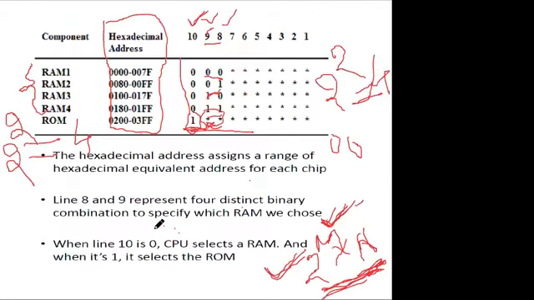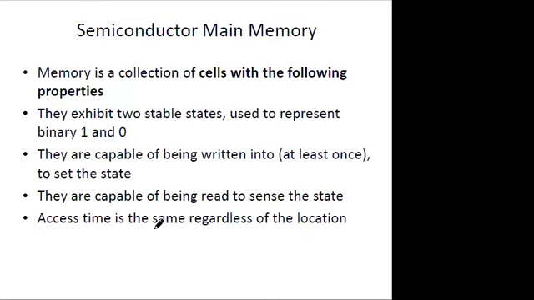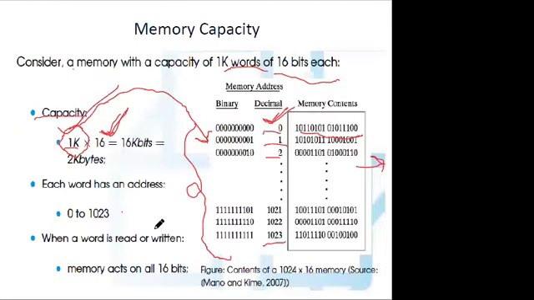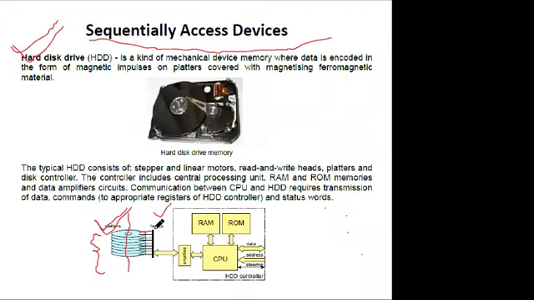And we saw how memory expansion is performed by using RAMs of low addressing capability, and how they are arranged in the circuit. Then we saw the basic working cell and how the memory capacity is calculated. And we saw a brief introduction of content addressable memory. What is a content addressable memory? And then we saw a sequentially accessed device.